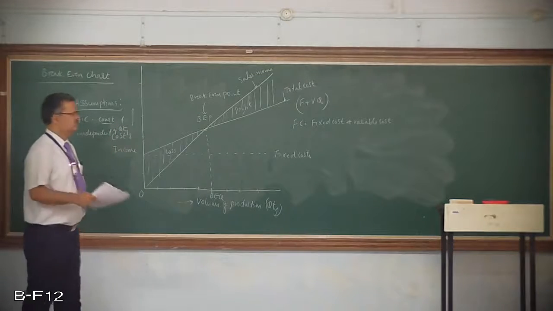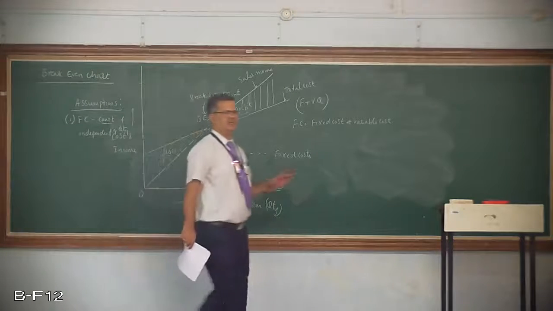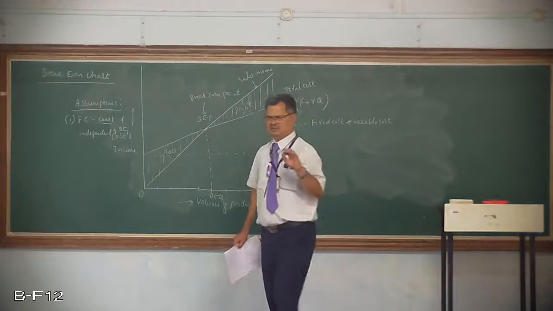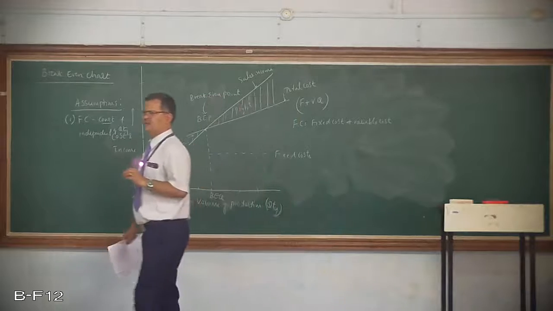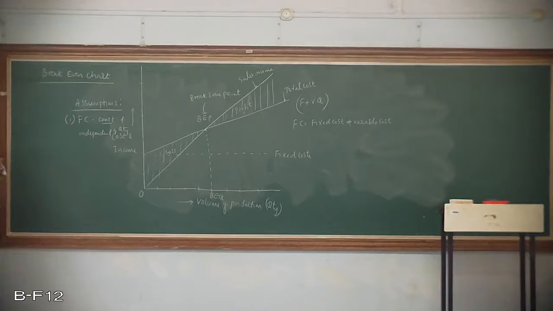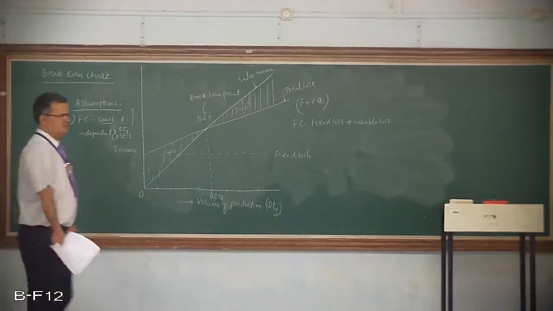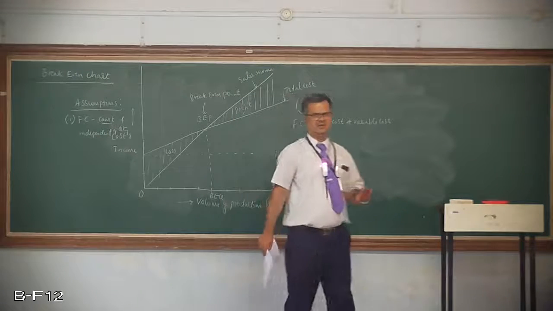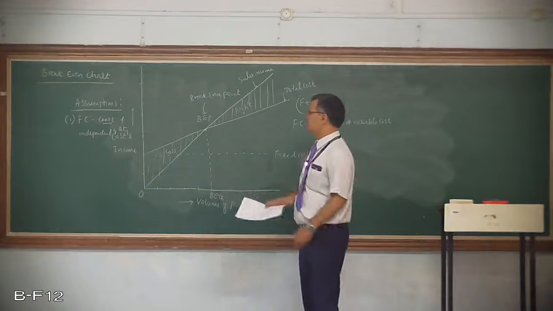Whatever quantity they manufacture, the rent for the building and the money invested for the plant and equipment remain the same. Just as teaching one student or teaching 10 students doesn't matter, the same thing happens in manufacturing.